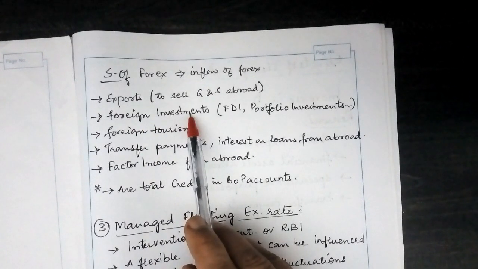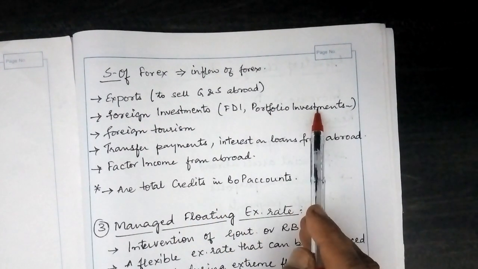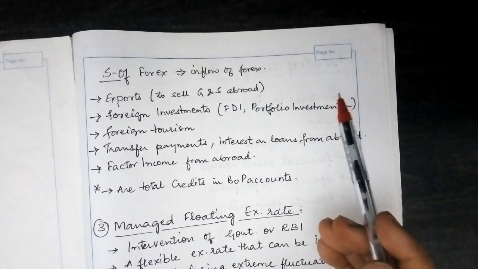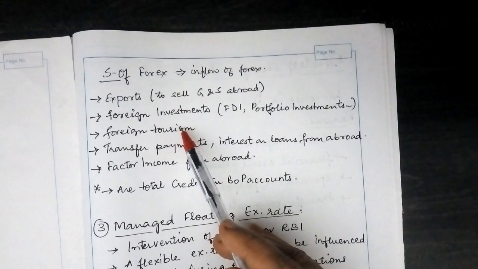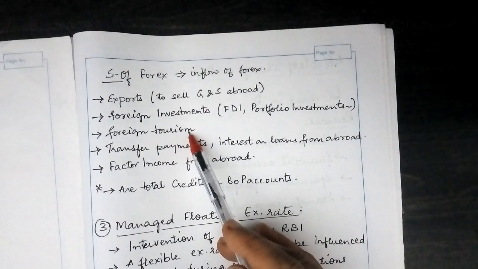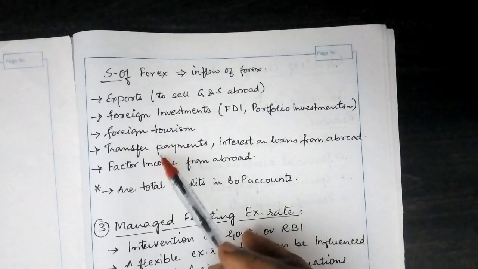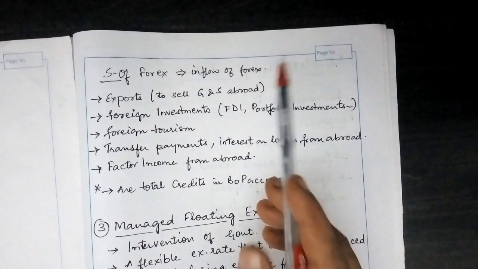Then foreign investments in India. Foreign direct investment and portfolio investments are investments that are made by the foreign companies in our country. So this brings in the foreign currency. Foreign tourism. People coming from outside the country bring in foreign currency. So there is an inflow of foreign exchange.